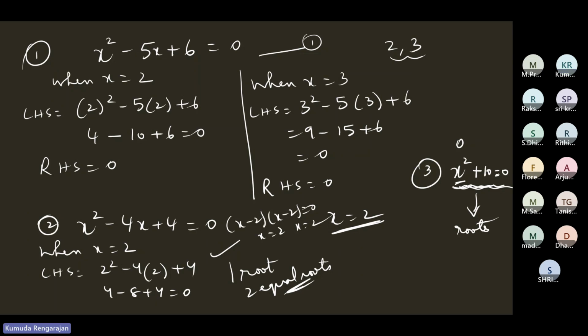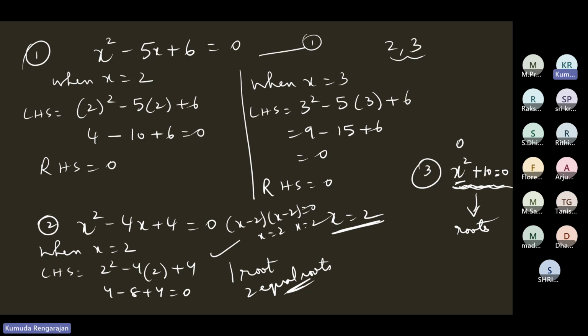And then there can be two different values, not two equal values, like 2 and 3, that can satisfy the quadratic equation. Not more than this.